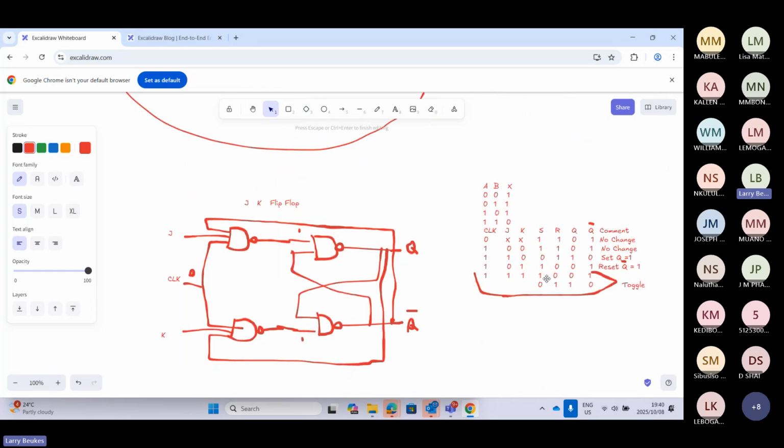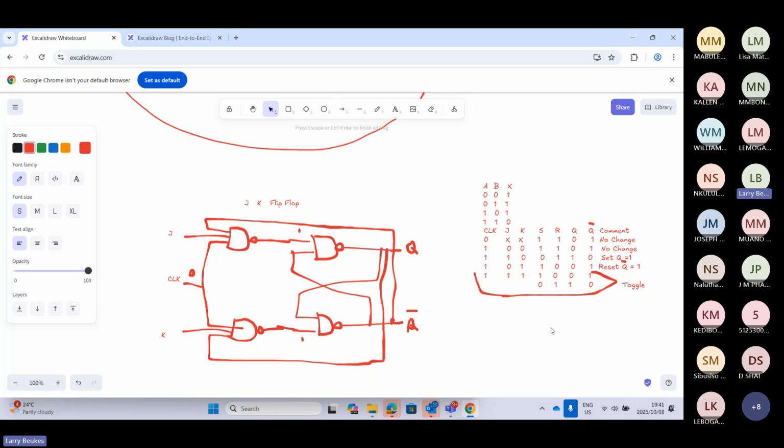Then we saw that with both J and K being high, it produces this toggle state where the circuit is switching between 1 and 0, 1, 0, like red, green, red, green, red, green, as if it's an emergency vehicle, right?